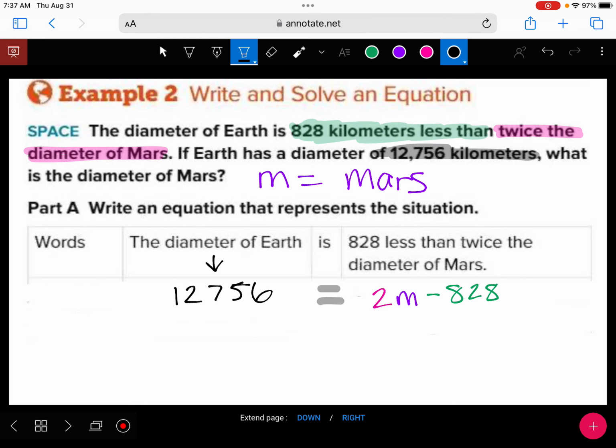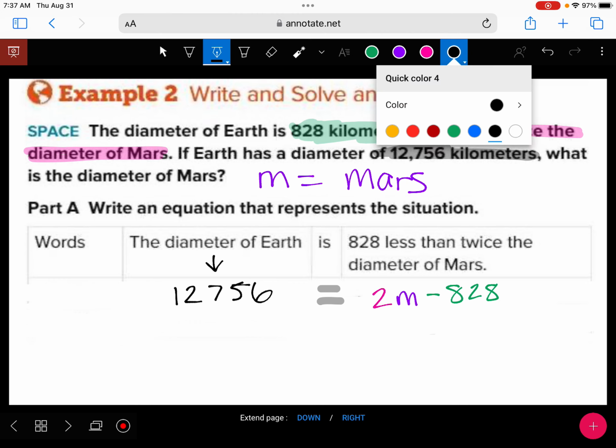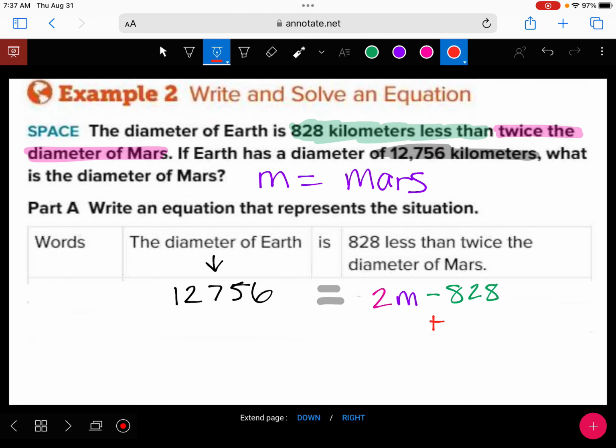So let's figure out what the diameter of Mars is. What are we going to do to solve this? How do we get m by itself from here? Add the 828. So I need another color. Let's go with orange. So let's add 828 to both sides.